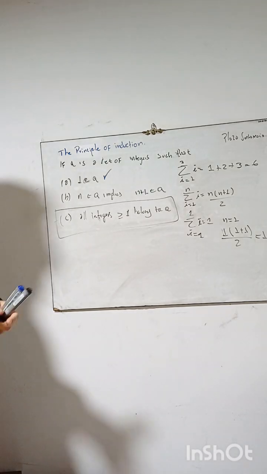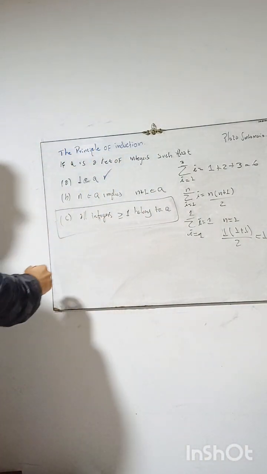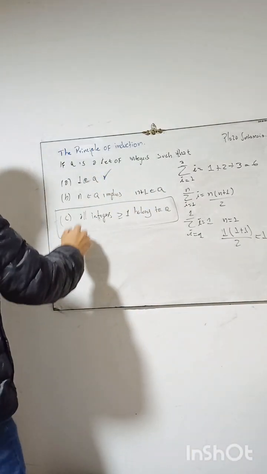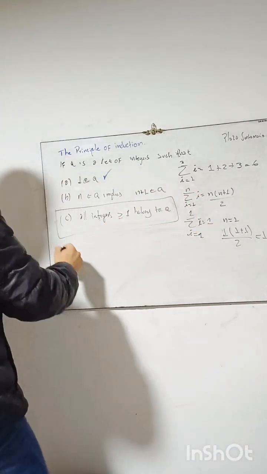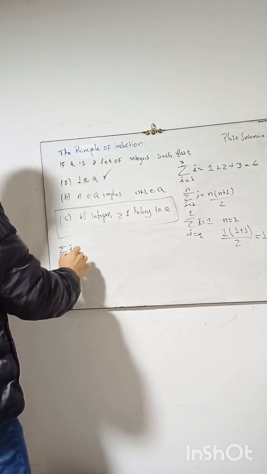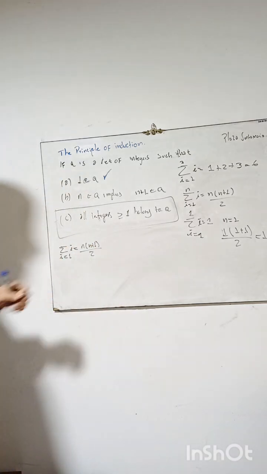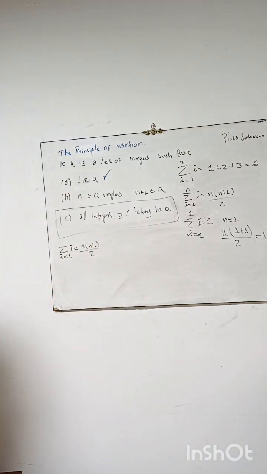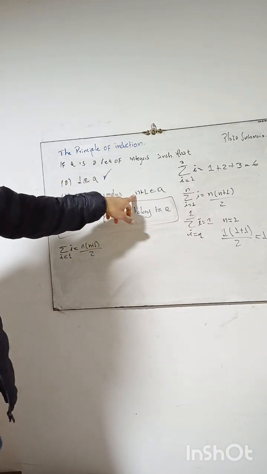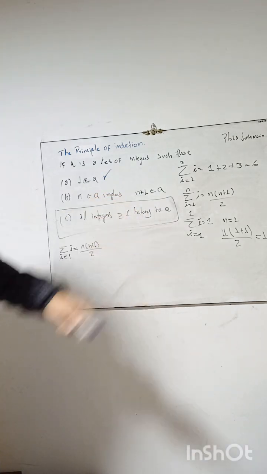The next step for this proof is n. We need to suppose that for whatever n, the formula is true. So yes, we suppose this one is true, but we need to know if it's true for the next integer, so for n plus 1.